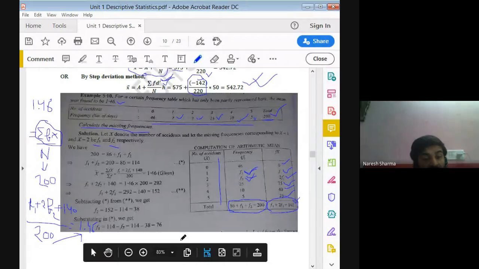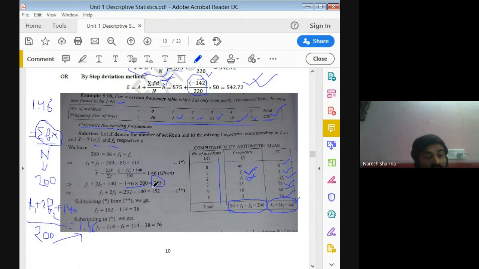So we are left with 1.46 into 200. We may see here it is 292. So we shift the 140 to the right hand side. So that is 292 minus 140, which is 152.